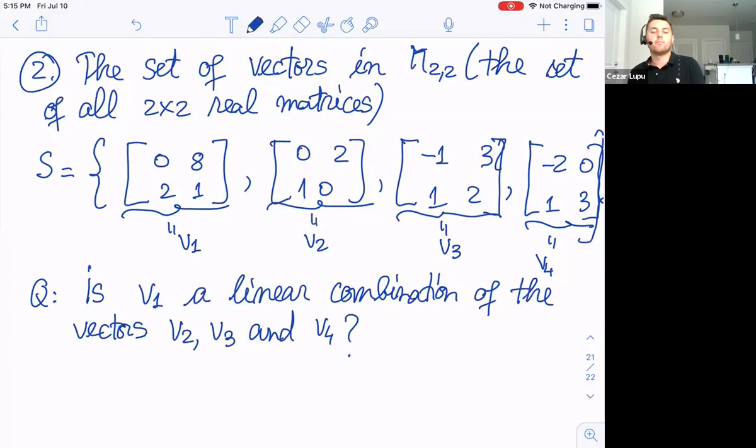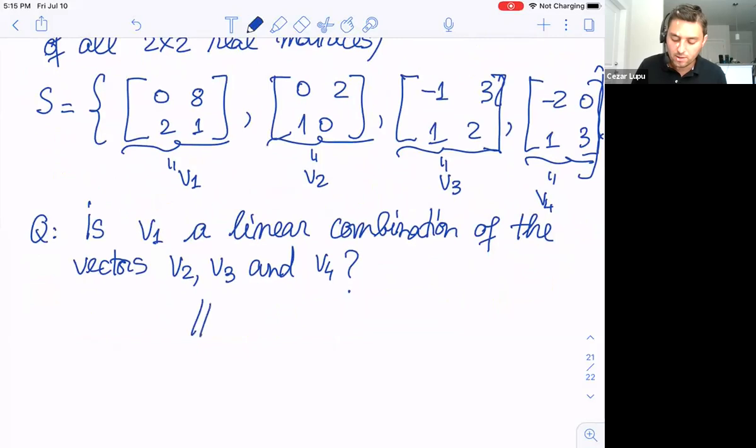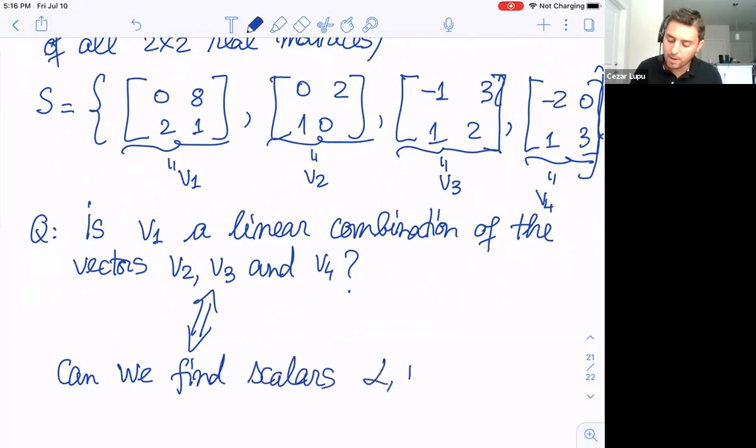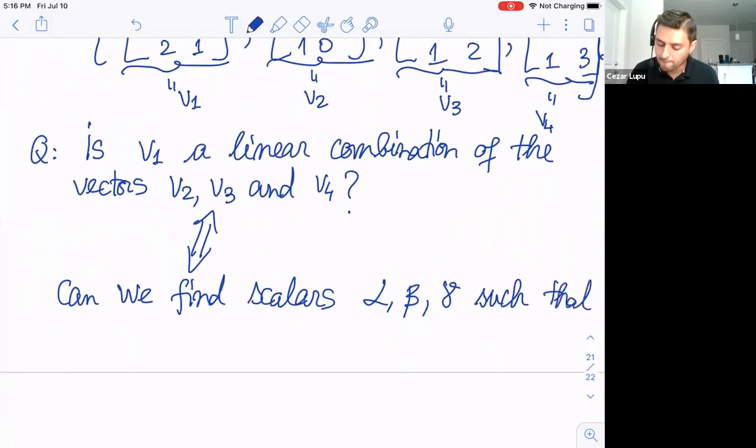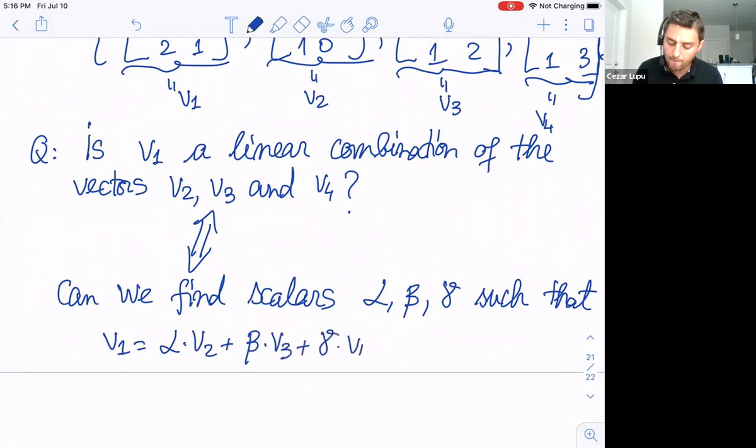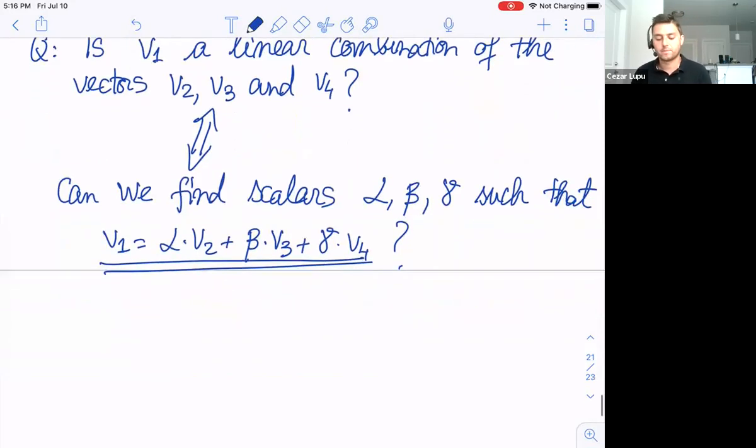In other words, can we find real scalars alpha, beta, and gamma such that V1 is alpha V2 plus beta V3 plus gamma V4? That is the question. I want to have this writing here. Can I do this?